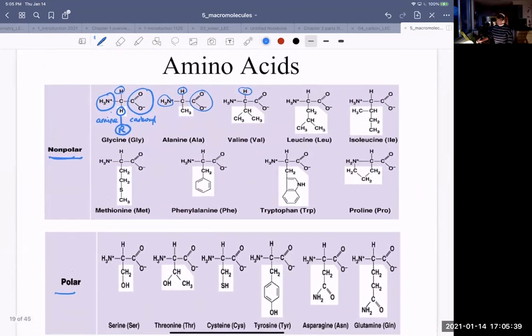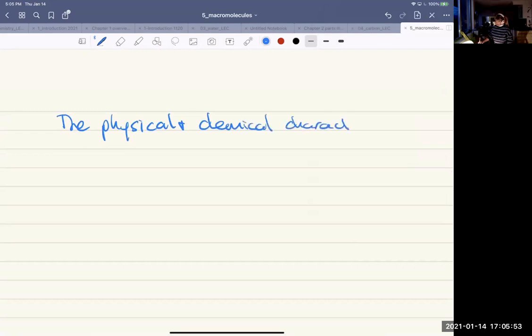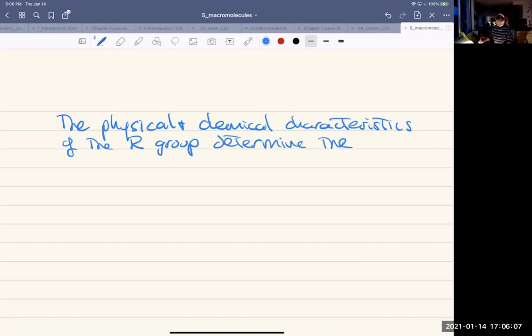So the physical and chemical characteristics of the R group determine the unique characteristics of a particular amino acid.